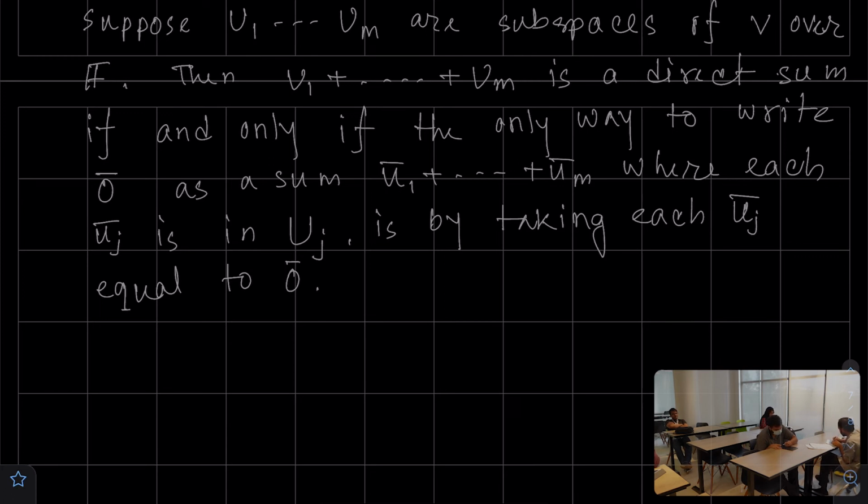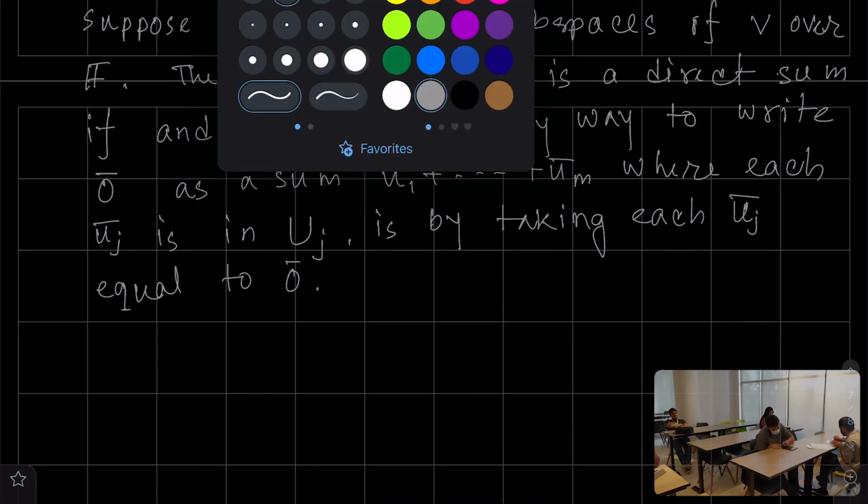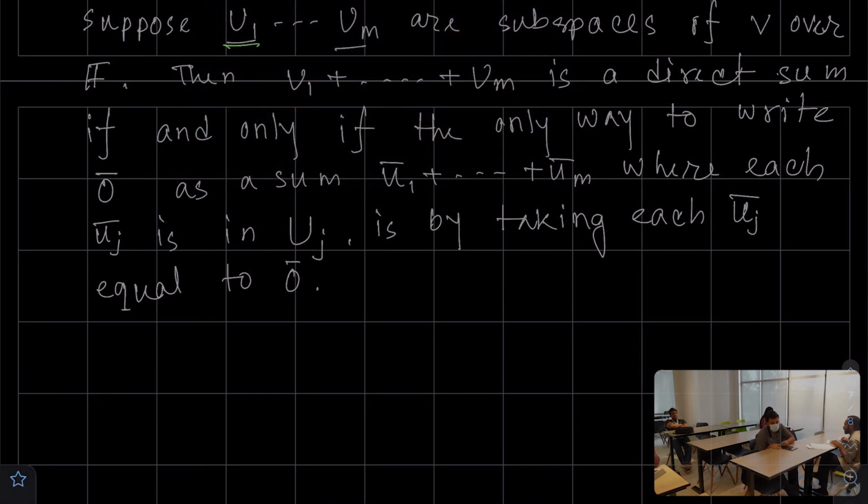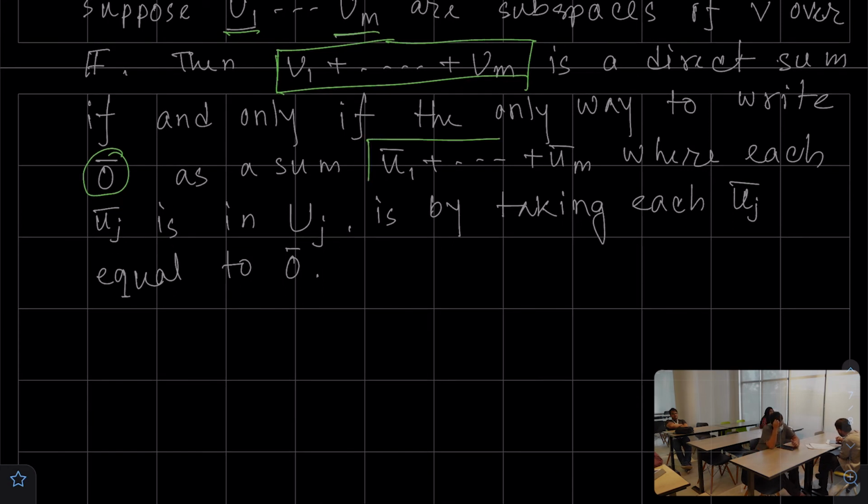So if all these are subspaces of the vector space V over F, then the summation is a direct sum if and only if the only way to write this vector 0 as a summation of these, you have to take all these uj to be 0.